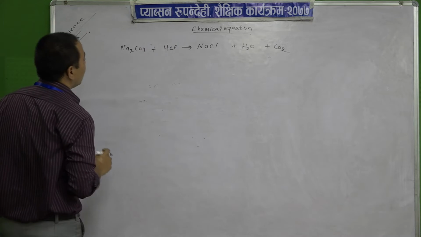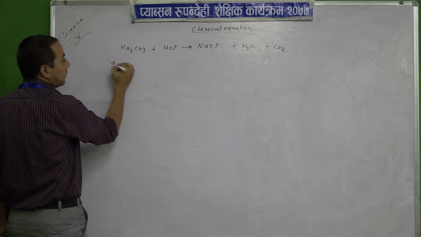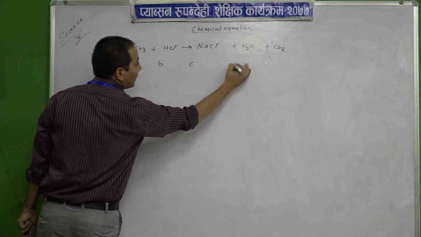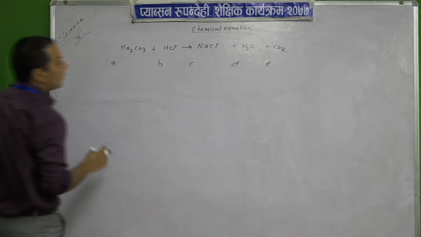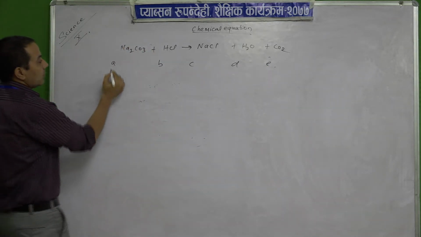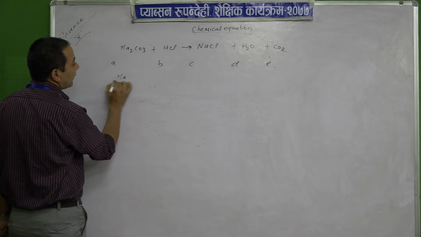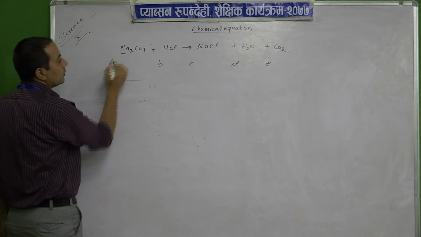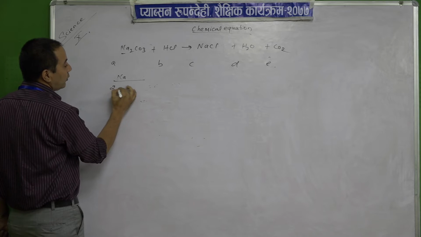Okay. Let us take A, B, C, D, E. So what are we doing? We are taking sodium first. Sodium: 2 into A, 2A.